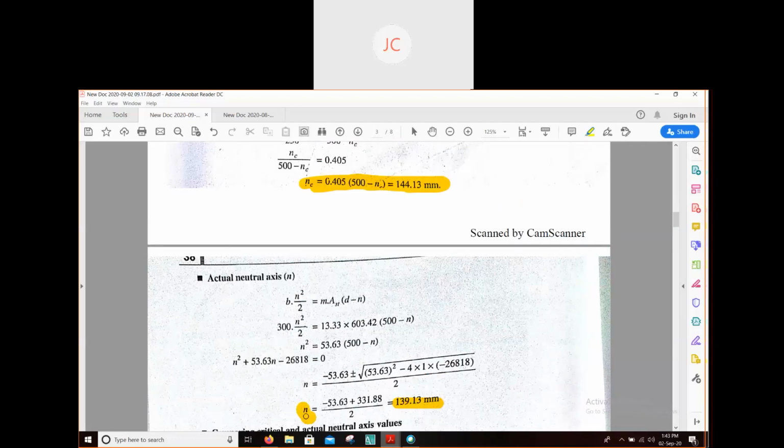Next, we have to compare these two values: N, the depth of the actual neutral axis, and NC, the depth of the critical neutral axis. In this case, we can see that our NC is more than N. That means the depth of the critical neutral axis is more than the depth of the actual neutral axis. So what is this condition? If this condition is satisfied, what will be the type of section?